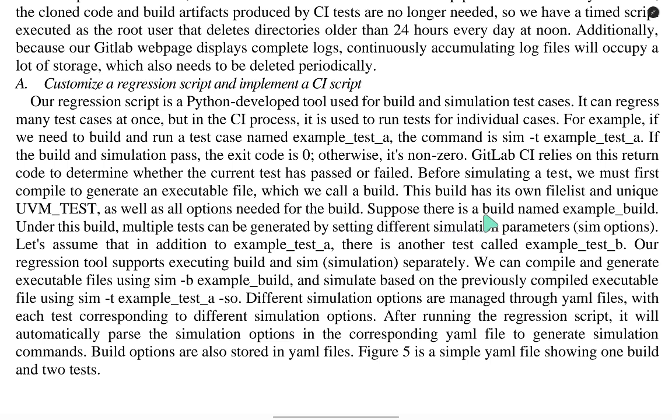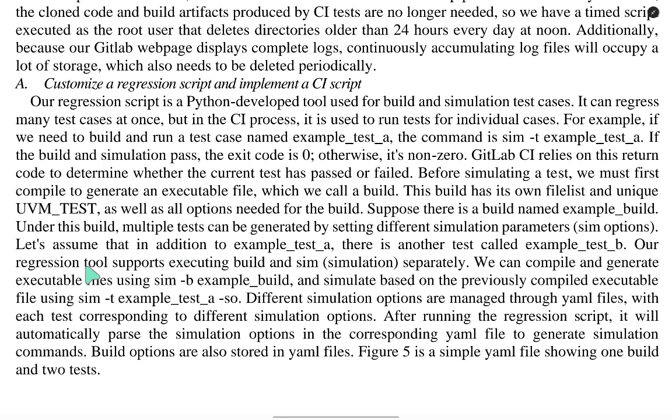Suppose there is a build named example_build. Under this build, multiple tests can be generated by setting different simulation parameters, sim options, and let's assume that in addition to example_test_A, there is another test called example_test_B.